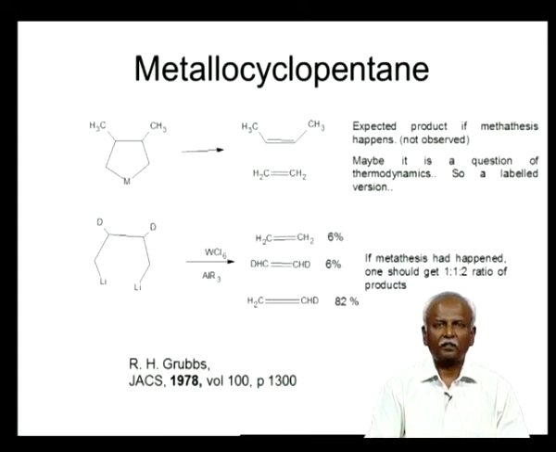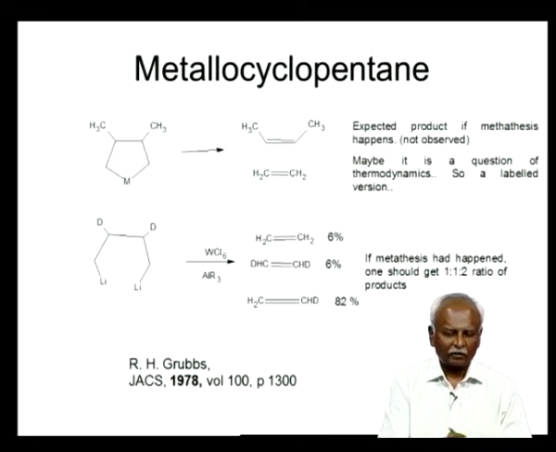He used tungsten hexachloride as a catalyst in the presence of AlR3, and then when he heated the metallacyclopentane, he observed that there was only one type of olefin being formed predominantly, and that was formed in 82% yield. And this is clearly indicative of the fact that this reaction system is not carrying out metathesis. If metathesis had happened, then the product should have been formed in 1:1:2 ratio.